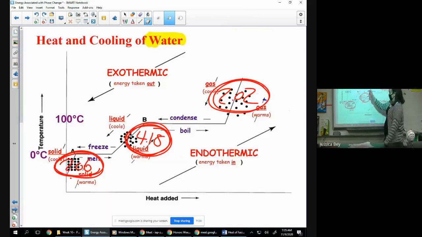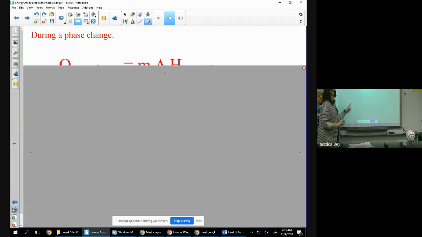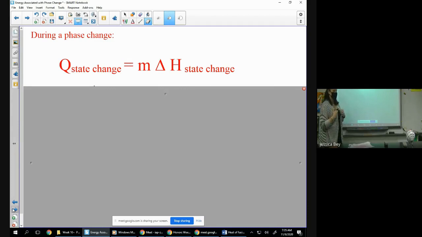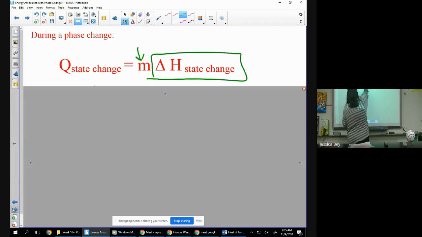So let's write this here. During a phase change, you are not going to use Q is equal to MC delta T. You just can't because there is no delta T. So during a phase change, you just do Q of your phase change is equal to M and then this new thing called delta H. M is still mass.